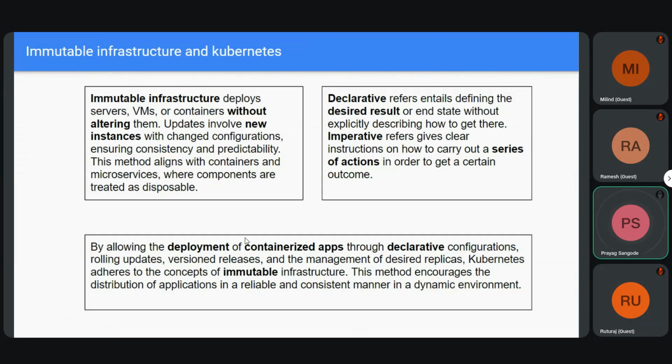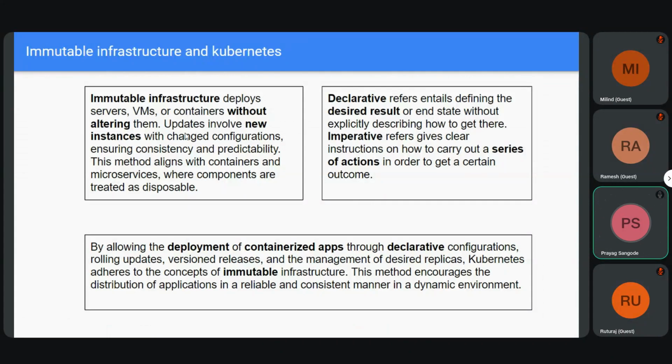Before going deep into Kubernetes, we need to understand two important concepts. One is immutable infrastructure and the other is declarative. Immutable infrastructure means that if we have deployed something, or created any infrastructure, we cannot change it.